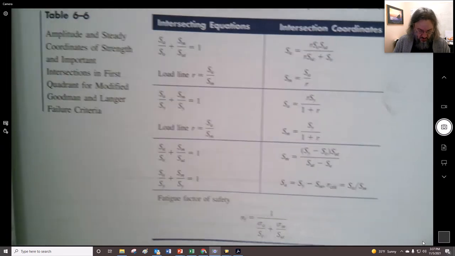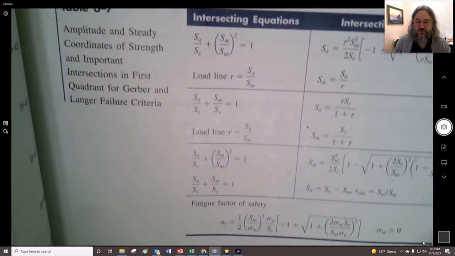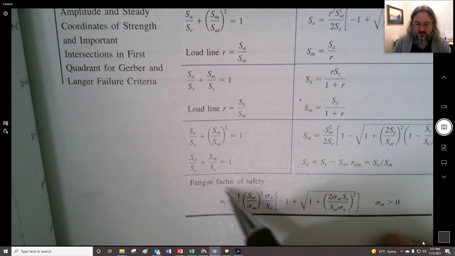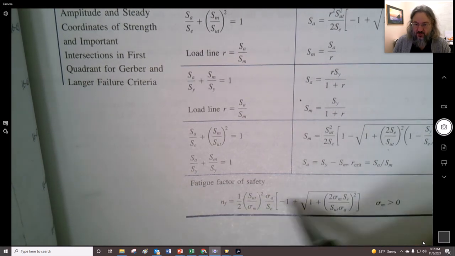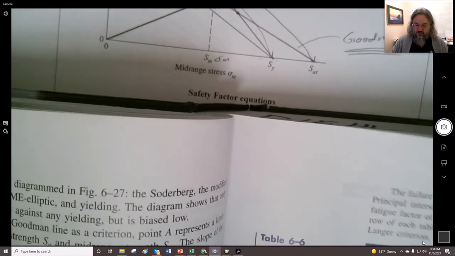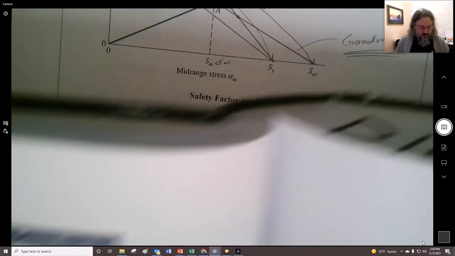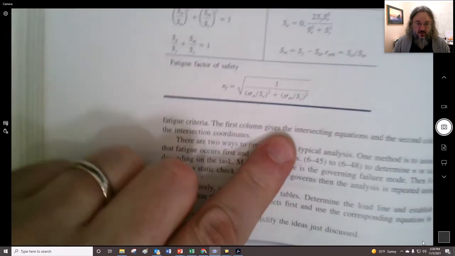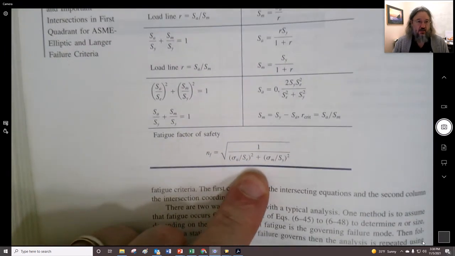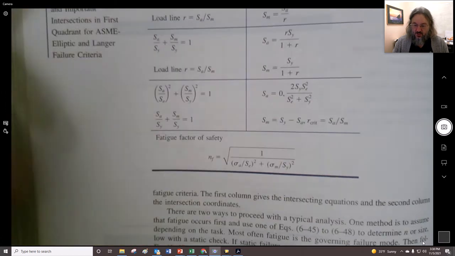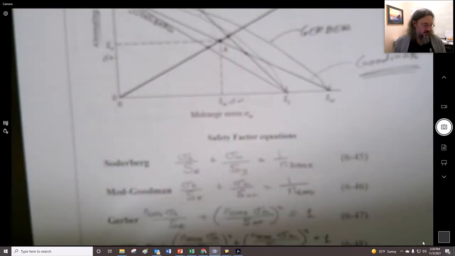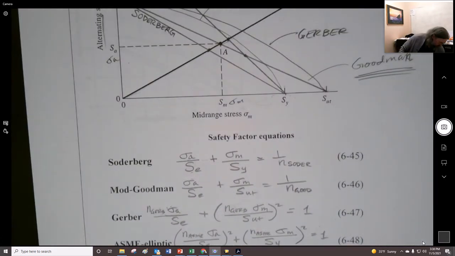And then in table 6-7, here's where they solved the Gerber safety factor, and that's really the one that we care about. The rest of this stuff is about doing some graphing things. And then lastly, here is the ASME-Elliptic safety factor right there. So just giving you an idea if you're using an older version of the book, where you might look for this.